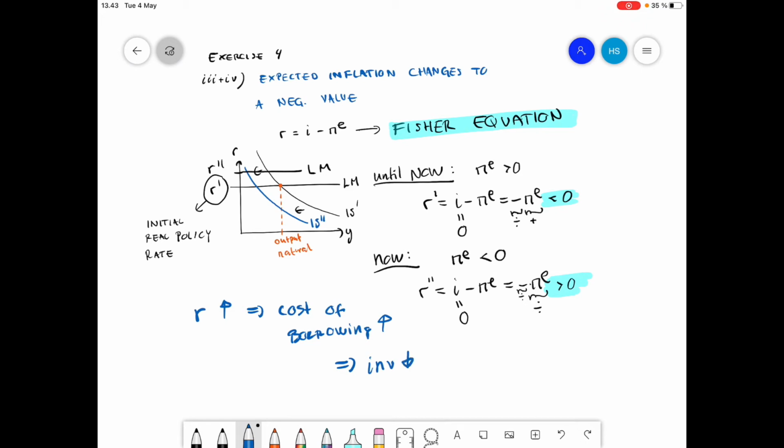Okay, so total investments will decrease. As a result, aggregate demand will decrease, and this will lower the output level. So we go from y prime to y double prime.